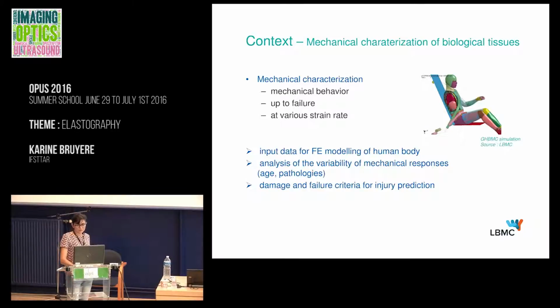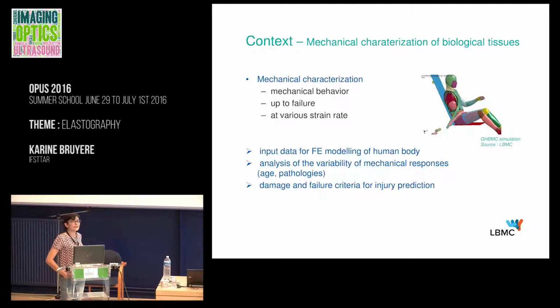For application in the field, for example, of injury risk prediction, occurring during car crashes, for example, here frontal impact with a seat belt. And this knowledge on the mechanical characterization of biological tissue serves as input data for the FE modeling.